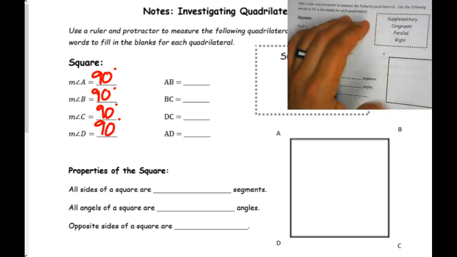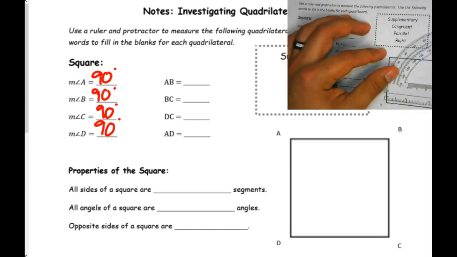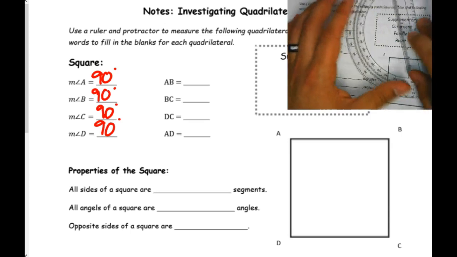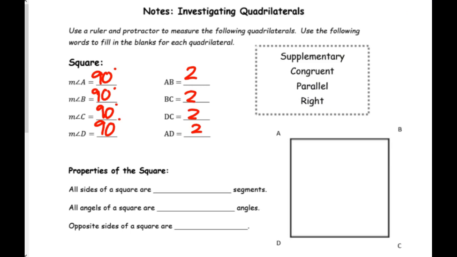Why not? Okay, so all the way around it's 2 inches because we already have prior knowledge that a square is regular. All the sides are congruent. So 2 inches, let's put that on here. Okay, and this entire packet, when we're measuring, it's going to be in inches, so there's that.